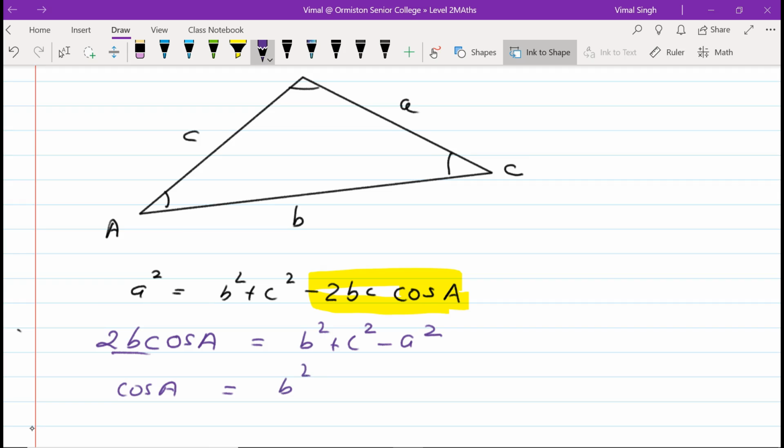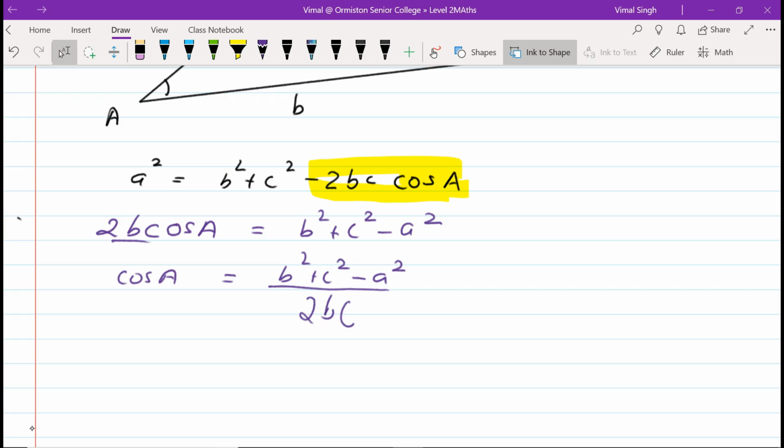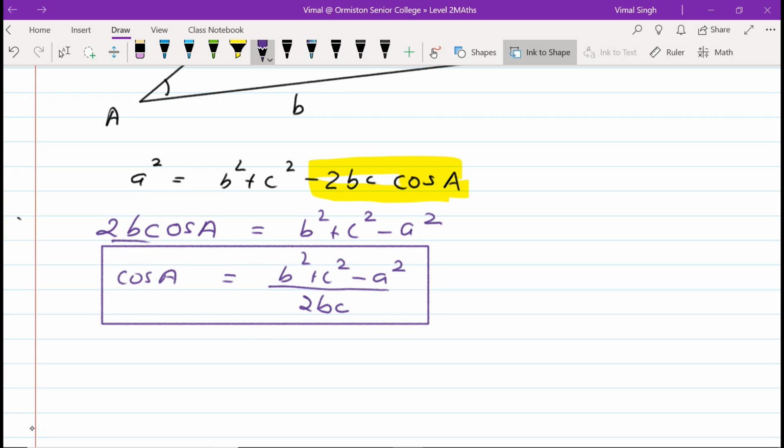So this will become b squared plus c squared minus a squared divided by 2 times bc. So you'll notice that this formula over here allows me to calculate the angle A. So A will be cos inverse of all of that.